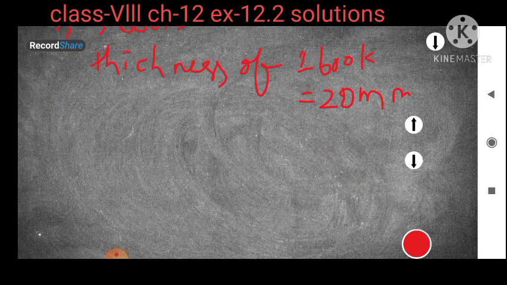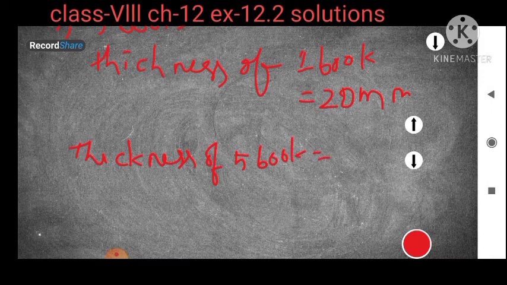Then the thickness of 5 books will be equal to 5 into 20 millimeter, that means 100 millimeter. So the thickness of 5 books is 100 millimeter.